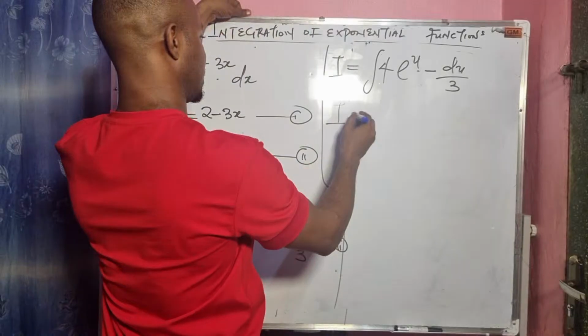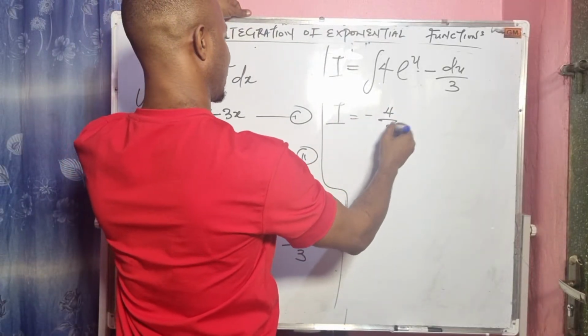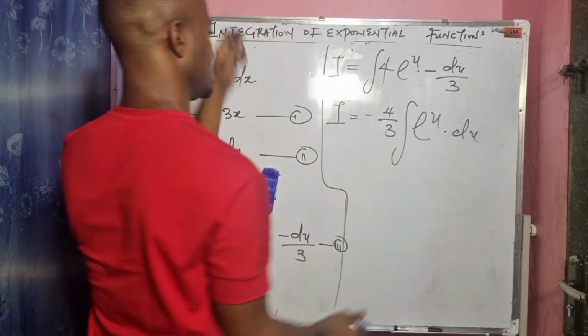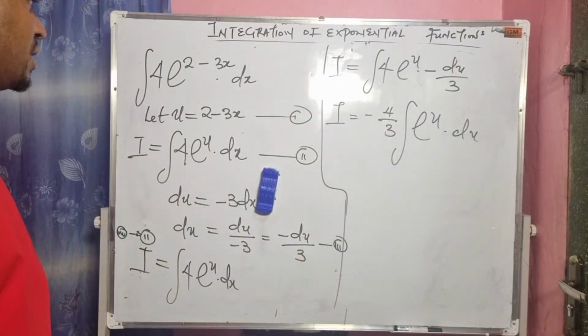So this is also the same as minus 4 over 3 times the integral of e^u du.